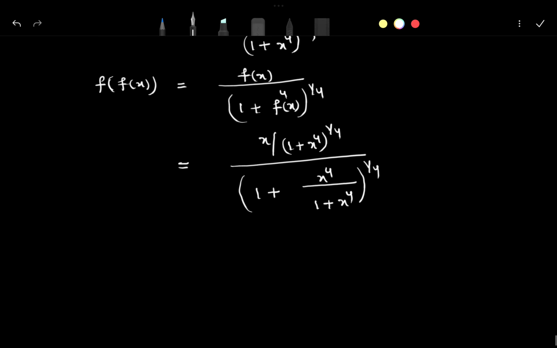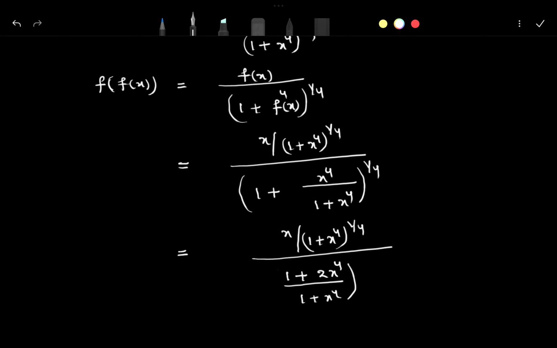Now you see this one, you can write x divided by (1 plus x to the power of 4) whole to the power of 1 by 4, whole divided by, in the denominator you take the LCM, it becomes 1 plus 2 into x to the power of 4 whole divided by 1 plus x to the power of 4, whole to the power of 1 by 4.